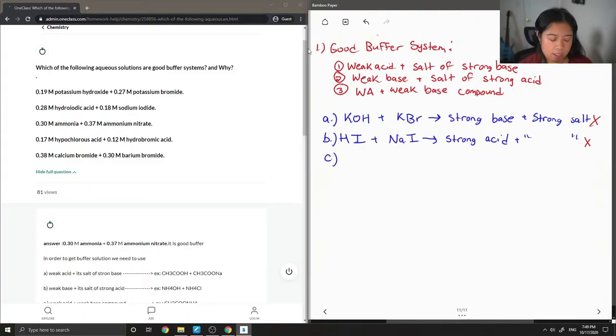Next we have ammonia, which is NH3, plus ammonium nitrate, which is NH4 and then NO3.